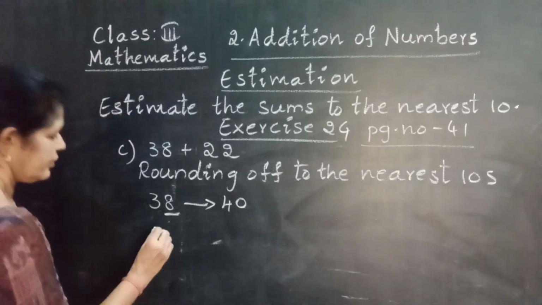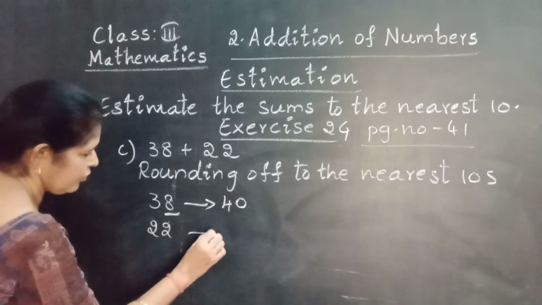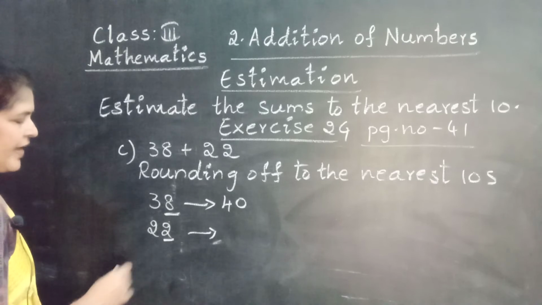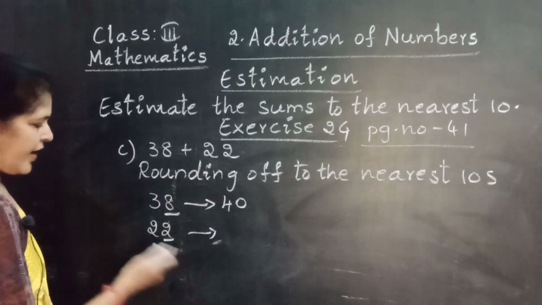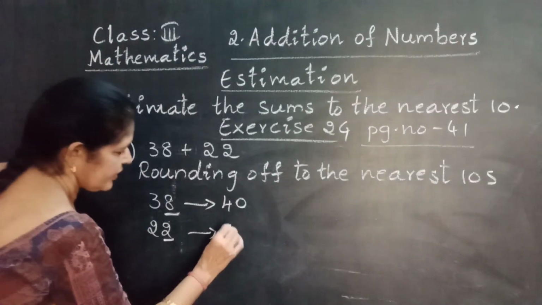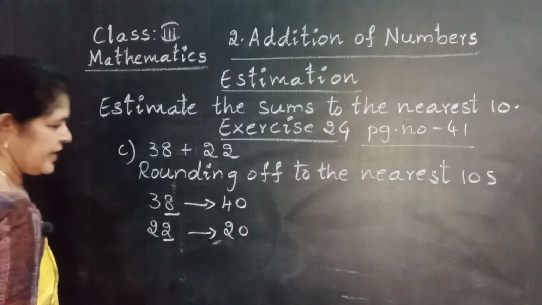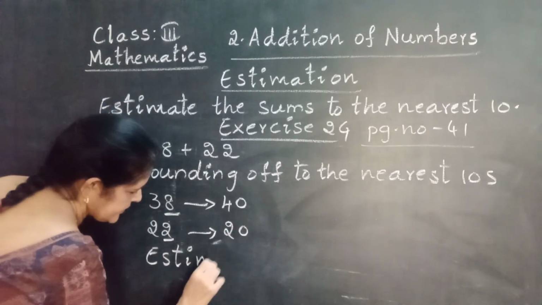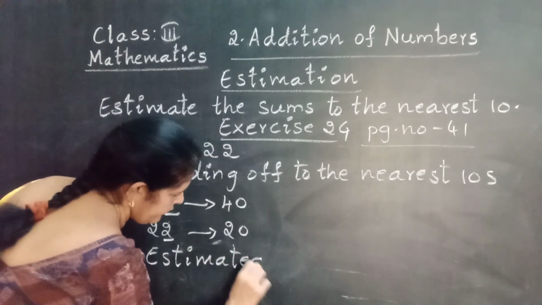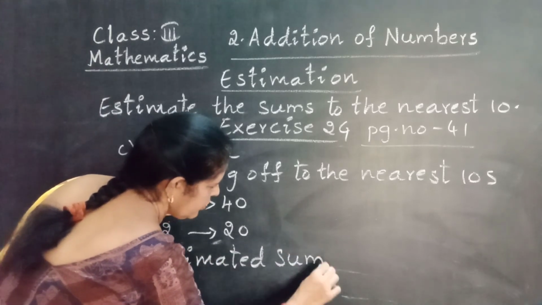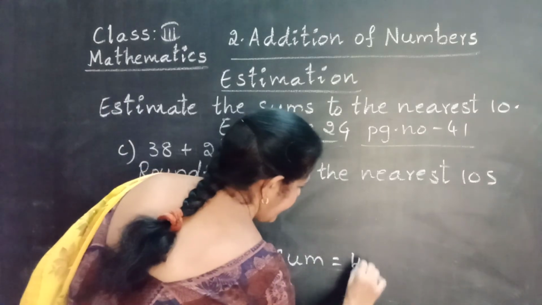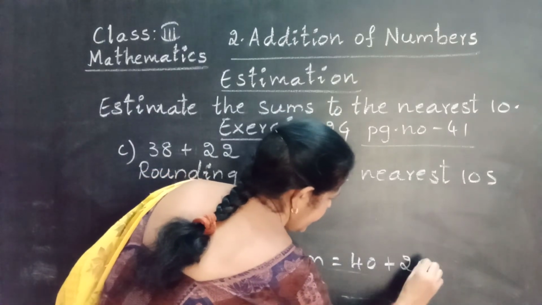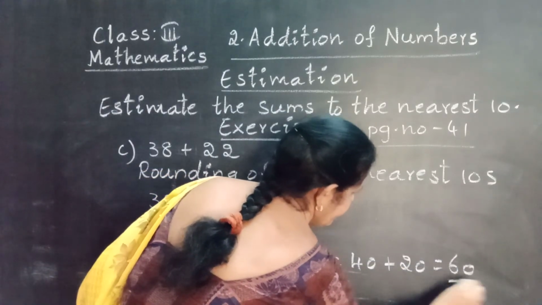Put 0. Second number is 22. 2 is in the ones place. 2 is less than 5. That means no change in the tens place. Write as it is. Estimated sum equal to 40 plus 20 equal to 60.